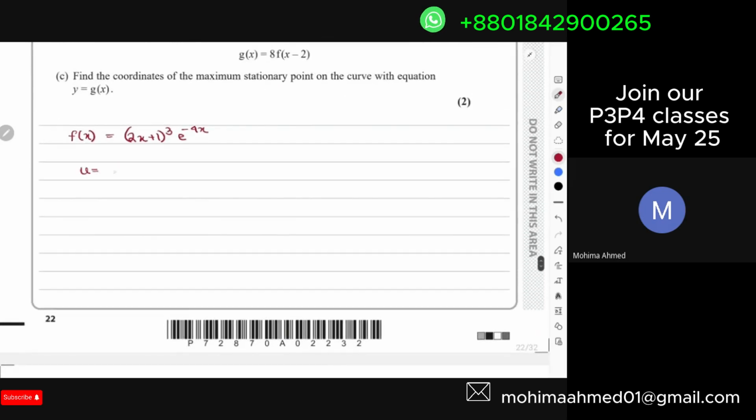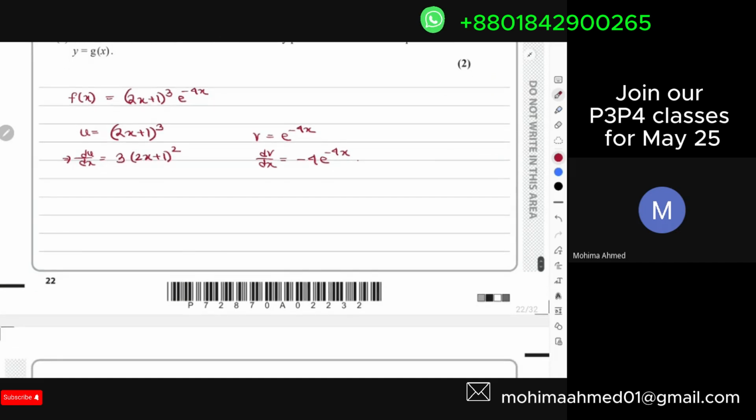For your u, we have (2x plus 1) power 3, and then your du by dx is going to be 3(2x plus 1) square. And then your value for v is e power minus 4x. Then dv by dx is going to be minus 4 e power minus 4x. So now after this, just use your product rule.